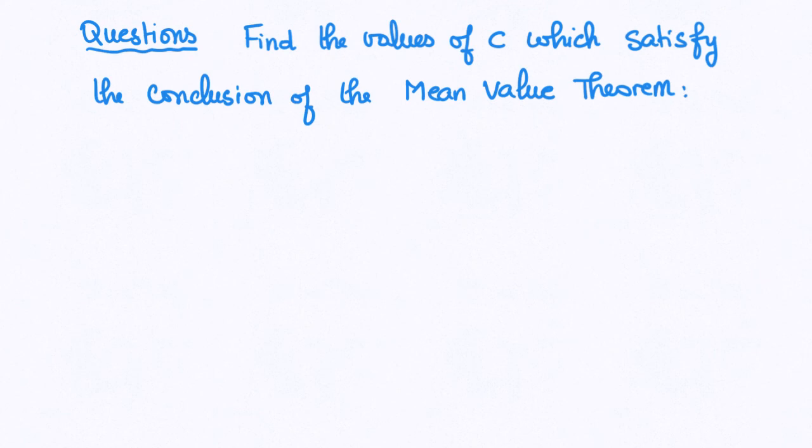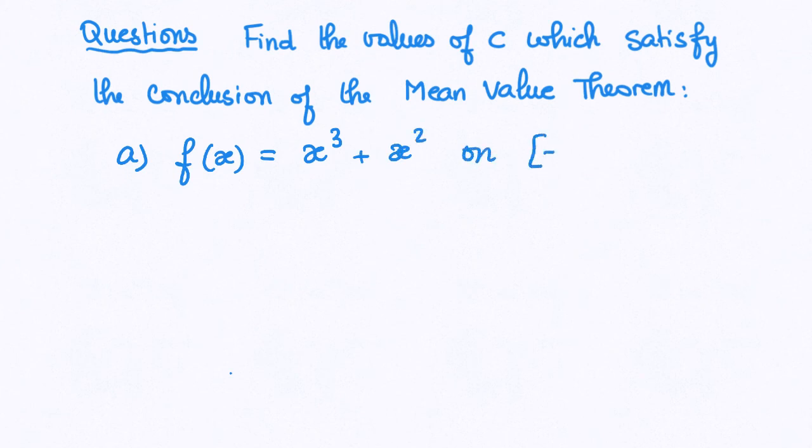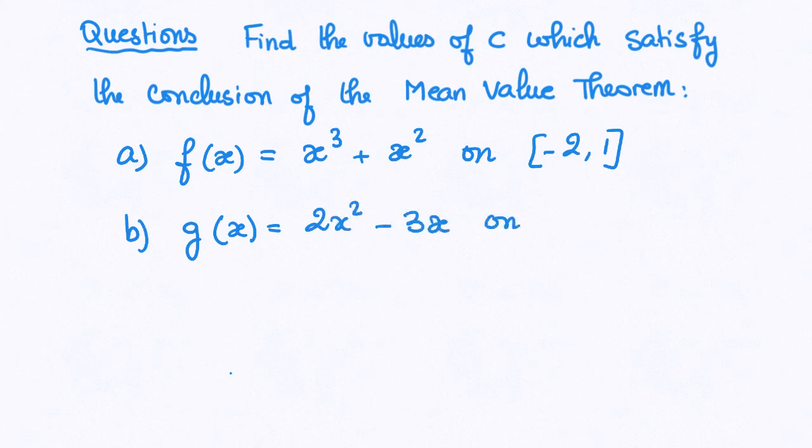So we'll finish this section by looking at a couple of functions. We will find the values of c which satisfy the conclusion of the mean value theorem for the following two functions. f of x is x cubed plus x squared on the interval [-2, 1], and a second function g of x, which is 2x squared minus 3x on the interval [1, 3].